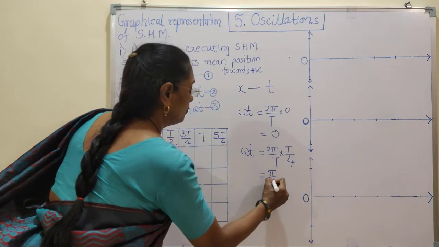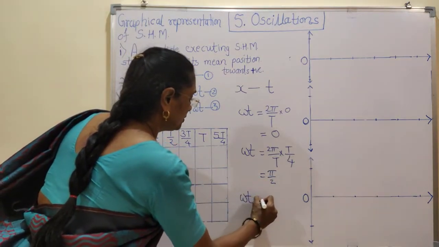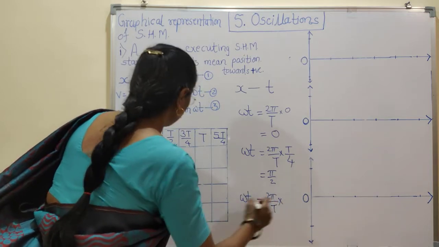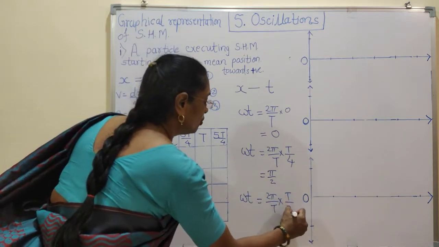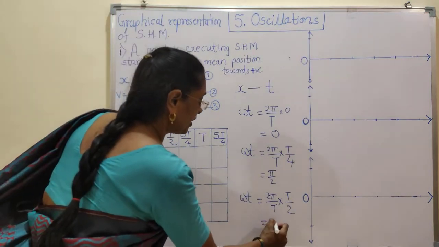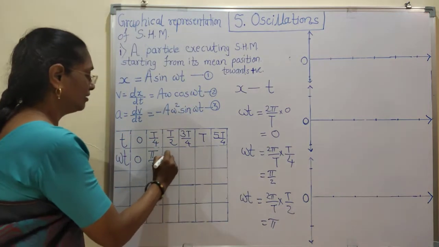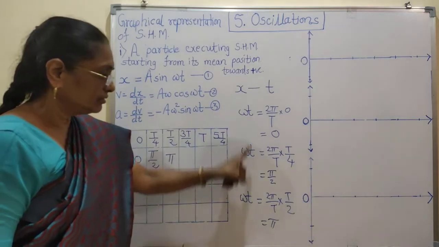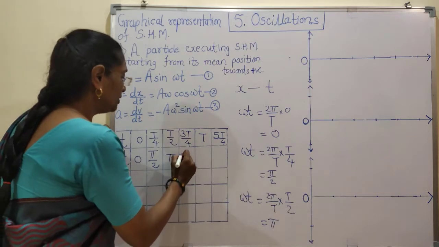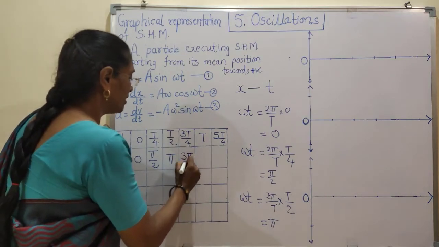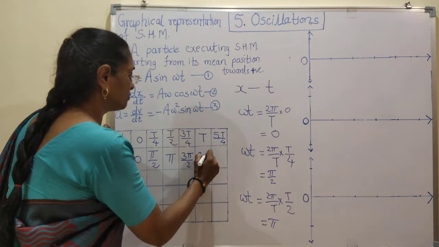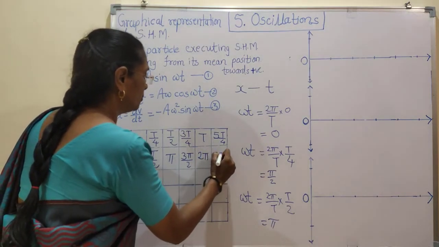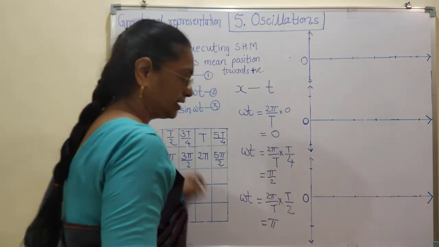Then substituting t as T by 2, we'll get the value as pi radian. So the first value is 0, then pi by 2, then pi. In this way, if we substitute, we get 3 pi by 2, then twice pi, then 5 pi by 2, like this.